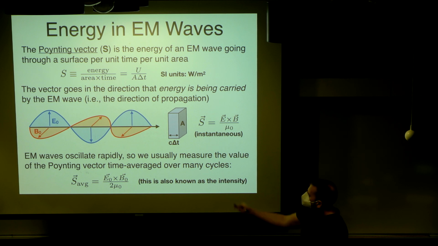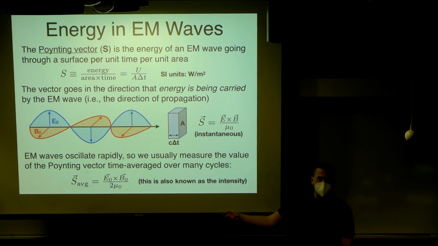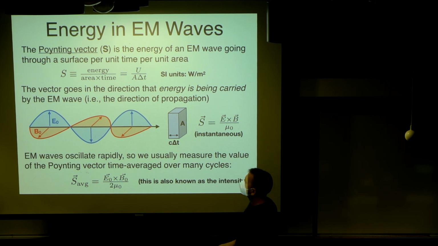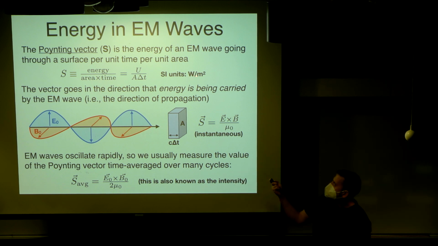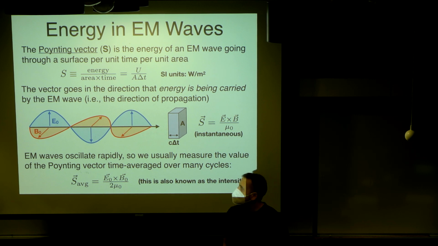Then, if we divide out the area of the surface, which is A, and we divide out the time interval, delta t, then we get this thing called the Poynting vector, okay? So the units, by the way, are watts per square meter. Let's try to think why that might be the case. You guys remember what a watt is defined as? Yeah, a watt is defined as a joule per second.